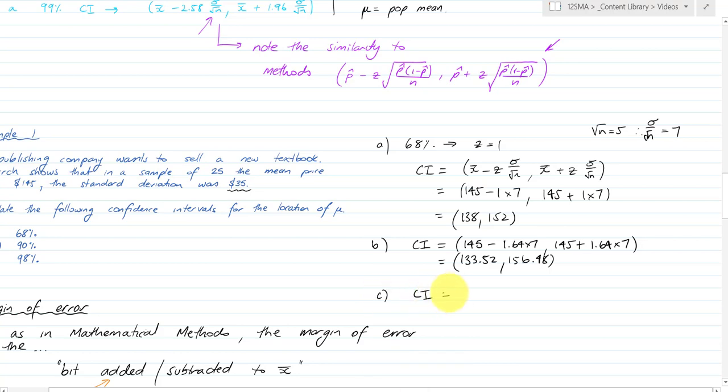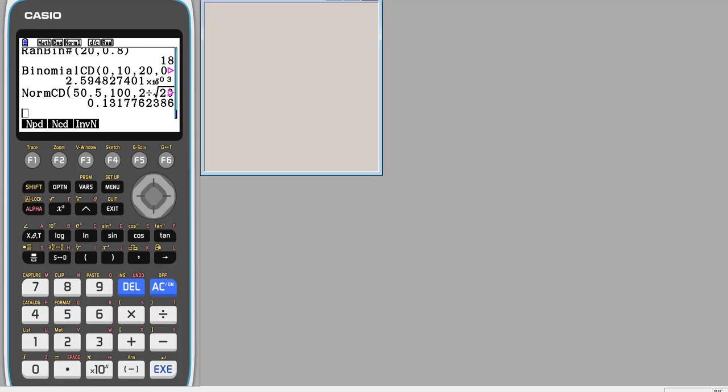Our confidence interval for 98 is equal to 145 minus z98. Now I've done this deliberately because we don't know z98, so what I'm going to do instead is find it. It's probably unlikely you'll be asked to do one that's not common knowledge, but you might be, and so you need to know how to find it. So I'll go back to my calculator here, and I'm just going to do an inverse normal.